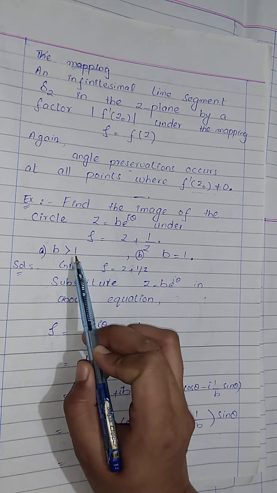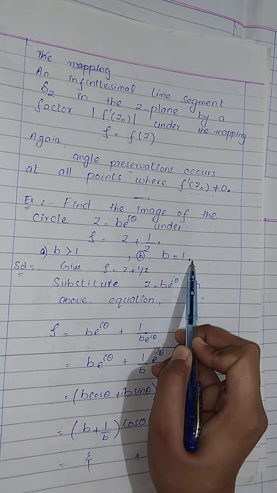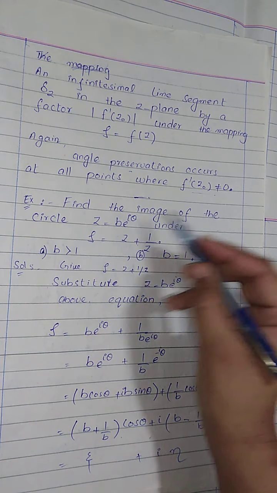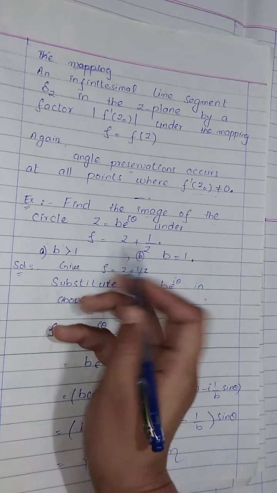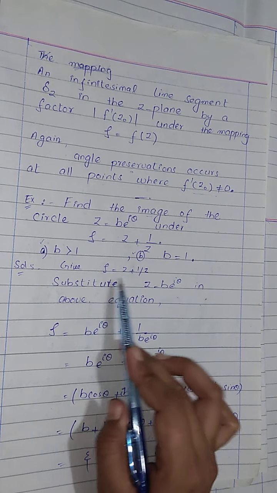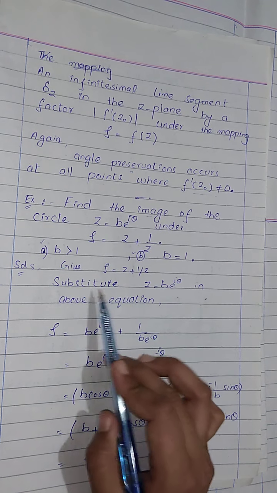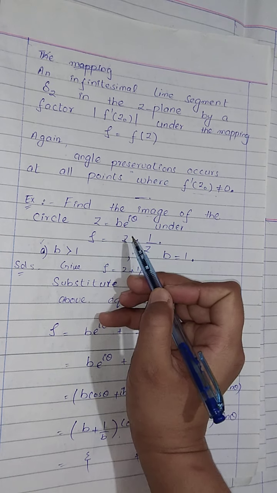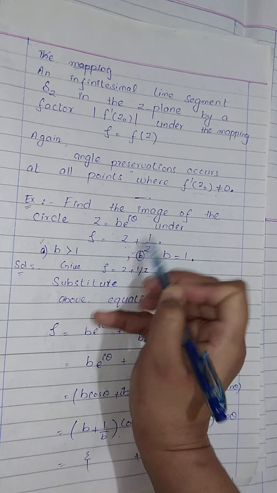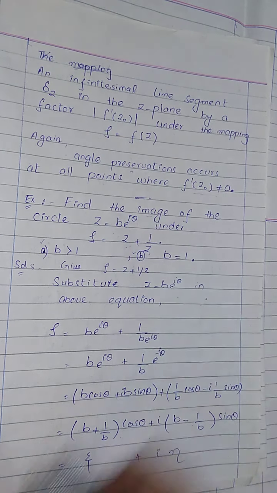First, b greater than 1 and second, b is equal to 1. First of all, we find the image. Given zeta is equal to z plus 1 over z, we have two given values, z is equal to b e raised to power iota theta and zeta is equal to z plus 1 over z.